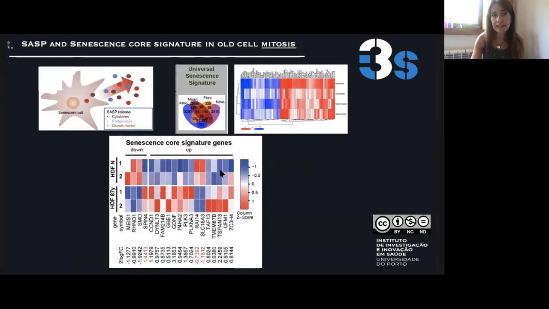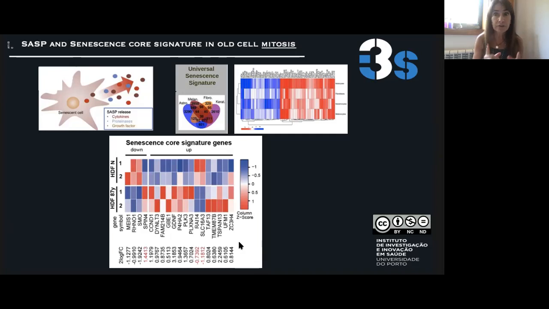Interestingly, we found that 19 genes out of this signature were differentially regulated in the RNA-seq dataset of mitotic octogenarian dermal fibroblasts, with 15 of them behaving as reported.